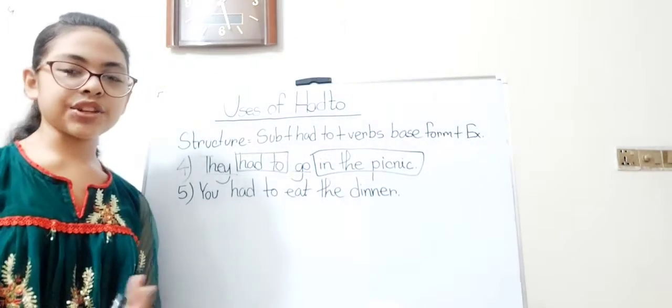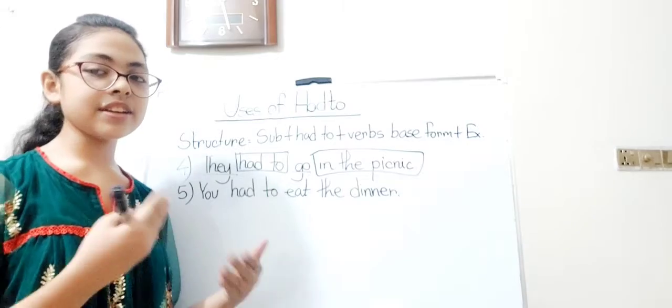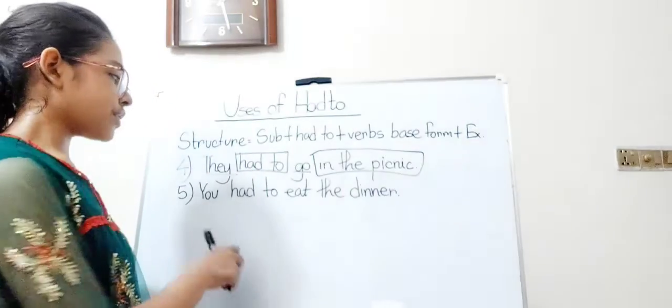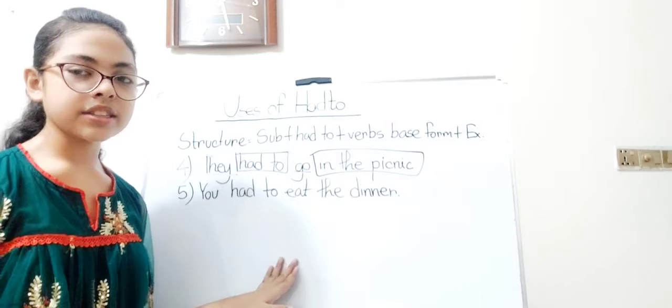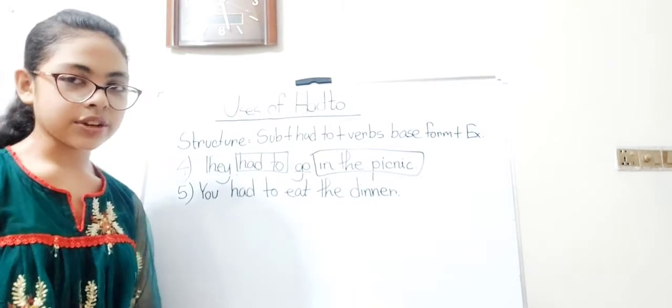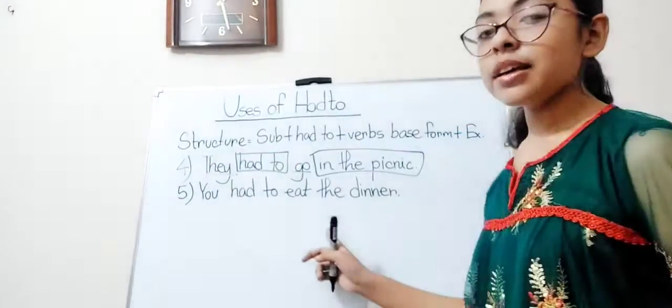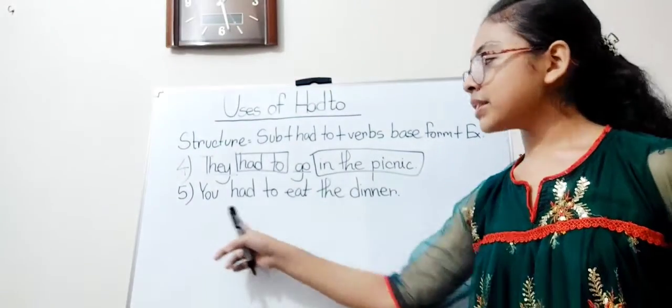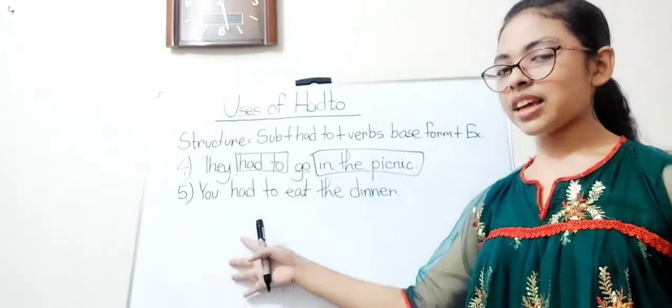You had to eat the dinner. That means তোমাকে dinner খেতে হয়েছিল. Here you see that it is one kind of past tense. Like he or she, it can be anyone.